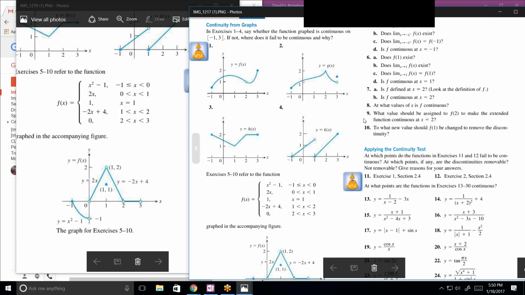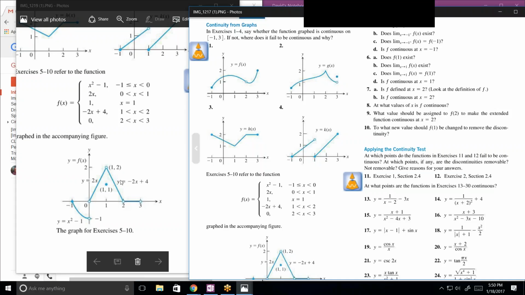So number 9, what value should be assigned to f of 2 to make the extended function continuous at 2? That's a complicated way of asking something, but if I turn this hole at 2 into a closed dot, then it would be continuous, right?